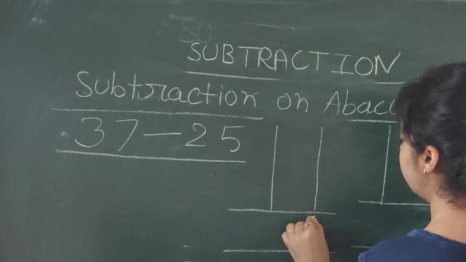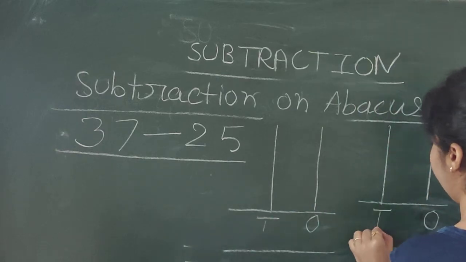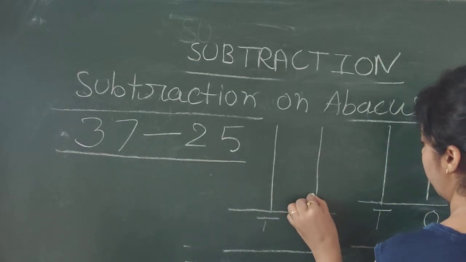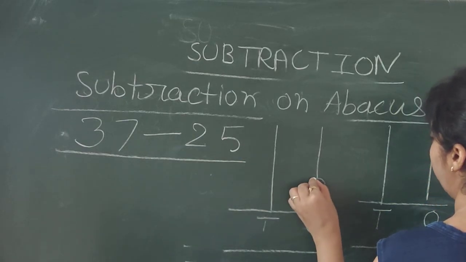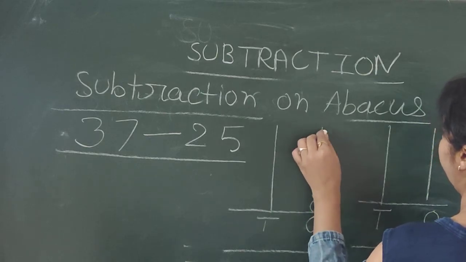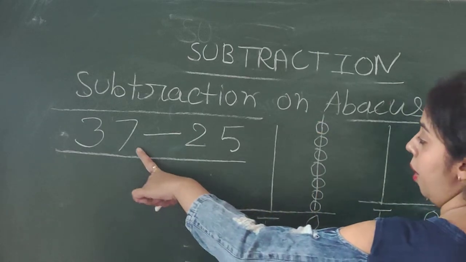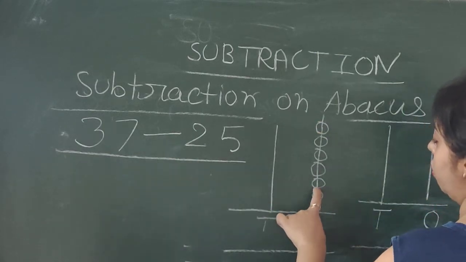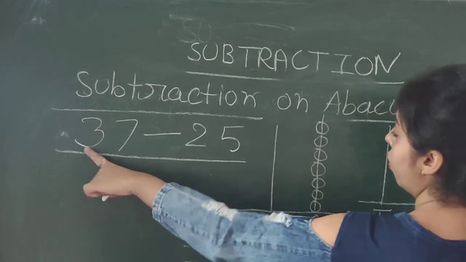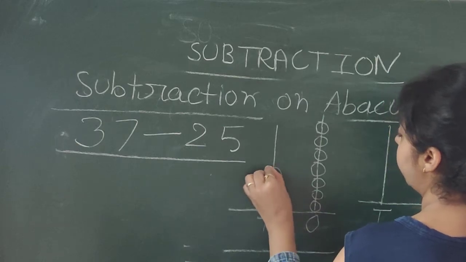Ones place and tens place. Okay. 7. 1, 2, 3, 4, 5, 6 and 7. Okay. हमने कितना करा? 1, 2, 3 and 4, 5, 6 and 7. 3. 1, 2 and 3.